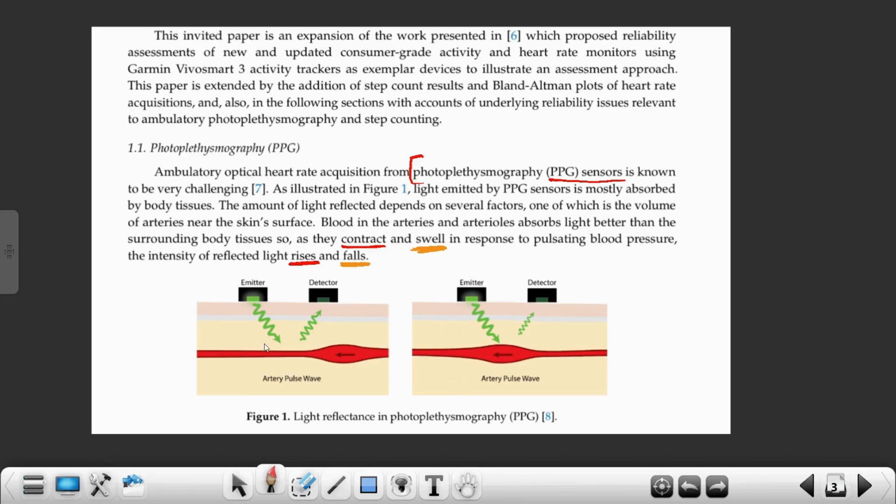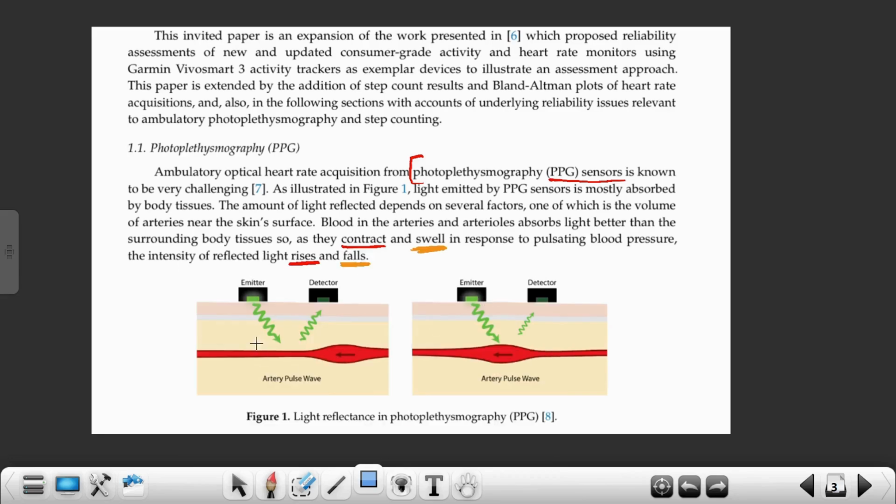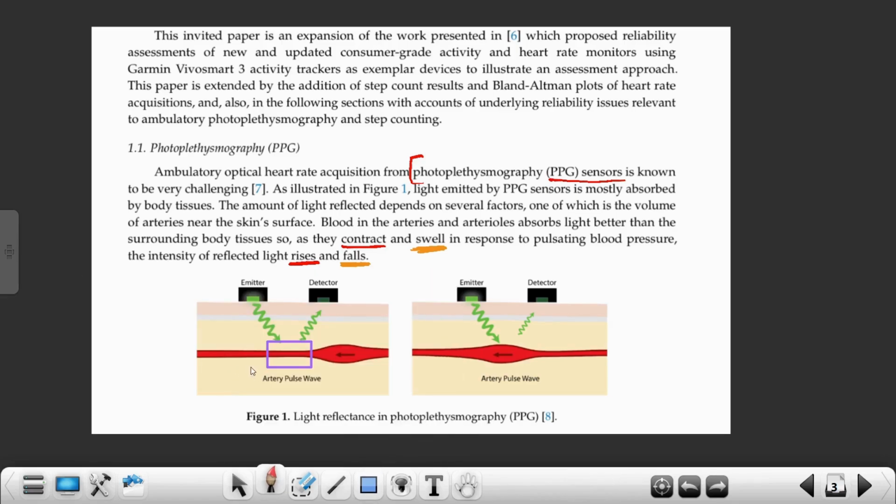See over here, try to see this particular part. Maybe I'll go with this color. Only this particular part of the artery. So this is my artery, and what we can see is that the artery is contracted.